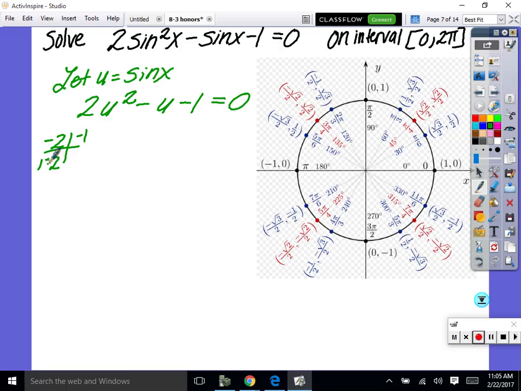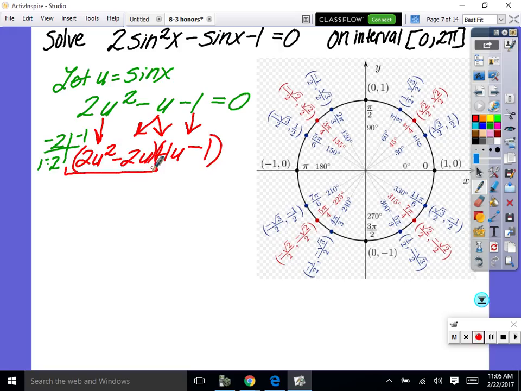You would not make the tragic mistake of quick factoring something you couldn't, so you would drop and break. So we drop down 2u squared, we drop down negative 1, we break down our middle term. I'm going to put it as negative 2u plus 1u. Then we're grouping. So pulling out a 2u, left is u minus 1, pulling out negative 1, divide by negative 1. So that would be u.